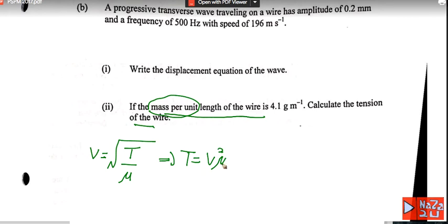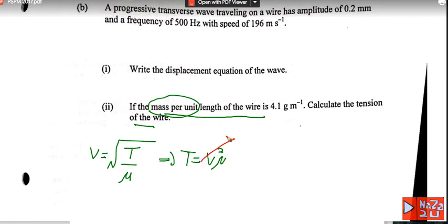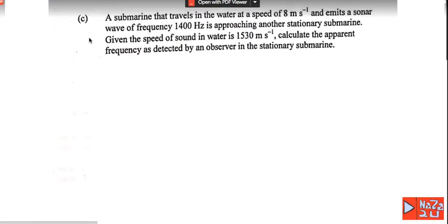Now you can use the equation: v is 196, and nu is the mass per unit length, 4.1. This is in grams, so you must convert to kilograms, times 10 to the power of minus 3. So now you can find the value of the tension, which is 157.5 Newton. Continue to part C.